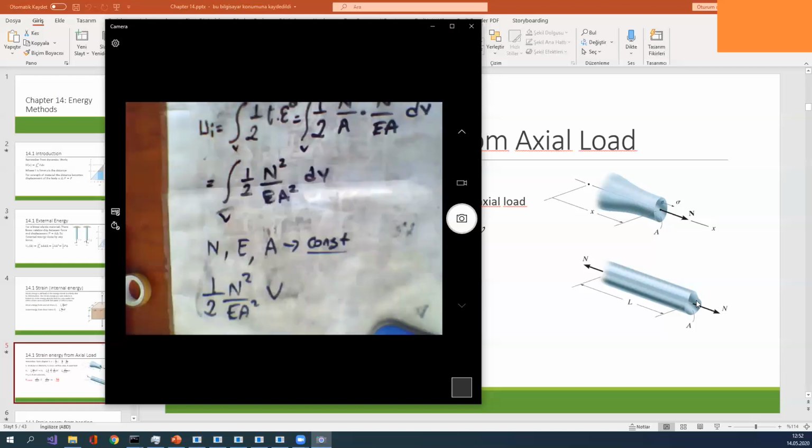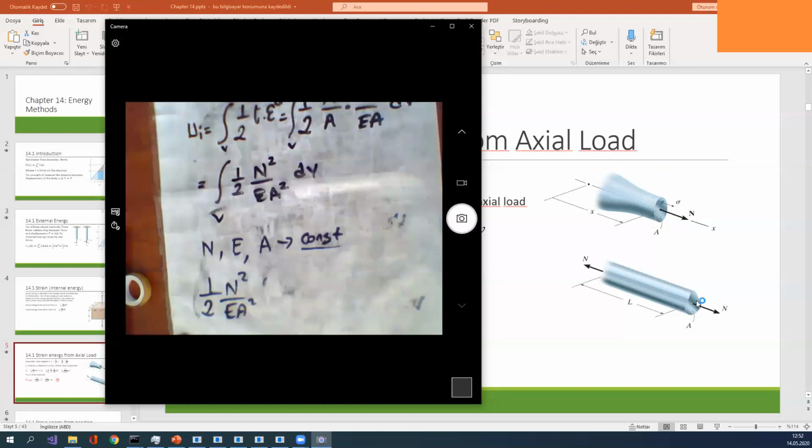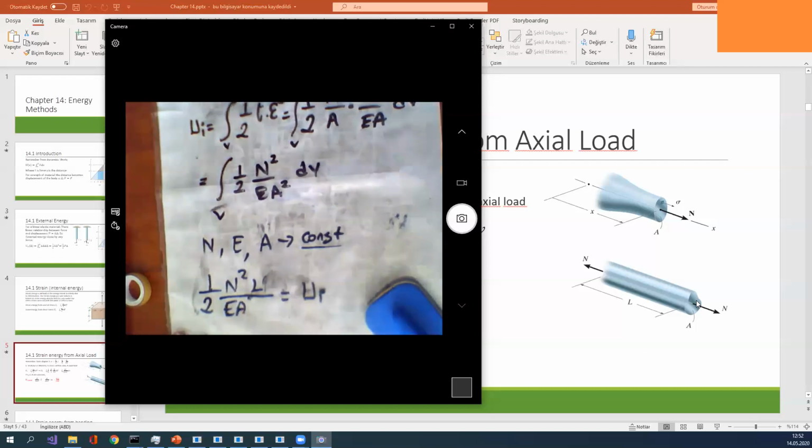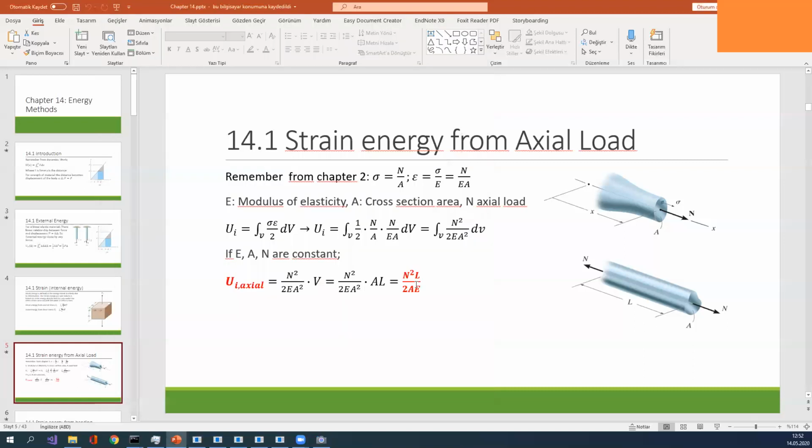If our cross section is constant, I can say area times length, so you can see this term disappears. So I obtain the internal energy Ui becomes n square L divided by 2EI, like this formulation.